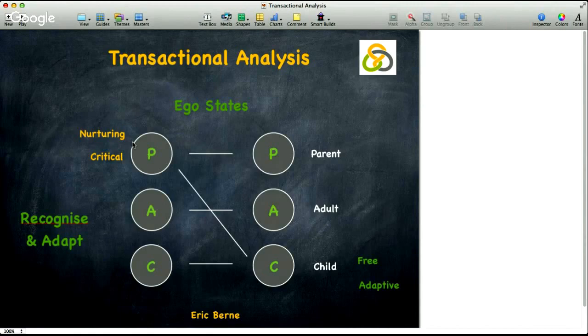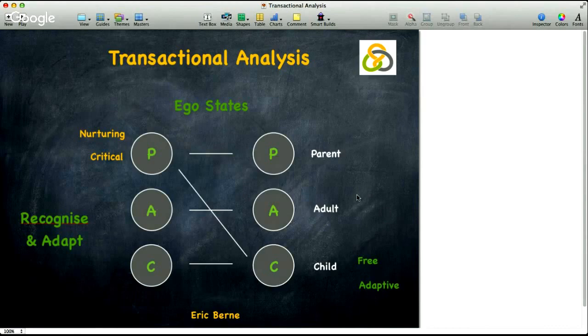The person expresses concern for people's feelings, but likes to tell people what to do in the guise of offering advice. The free child state. The person expresses their emotions without constraint. The adaptive child state. The person lacks confidence and is anxious to please.